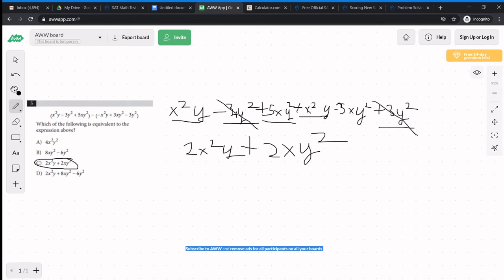Like this is x squared y, you cannot add that to xy squared, because the x has a different exponent, the y has a different exponent. You can do it to x squared y again. 5xy squared, you can do that with negative 3xy squared. Exponents and powers have to both be the same in order for you to add and subtract them.